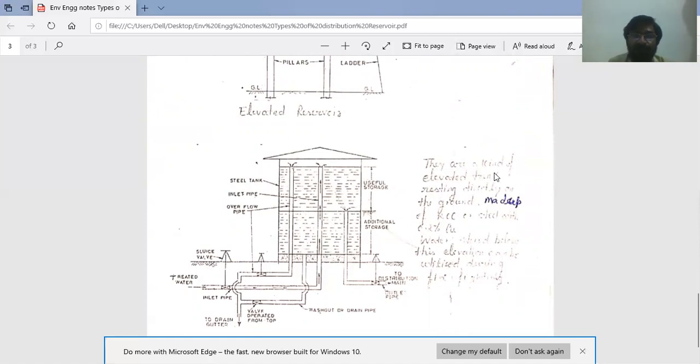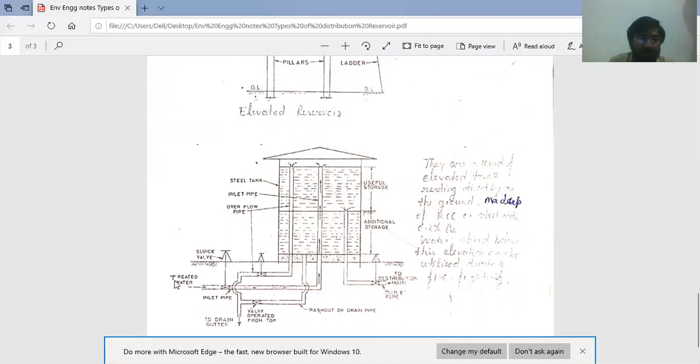It is a kind of elevated tank resting directly on the ground, made up of RCC or steel, and this is the level. Water stored below this level is used in emergency, meaning in case of firefighting. The upper portion water is used for distribution purpose.